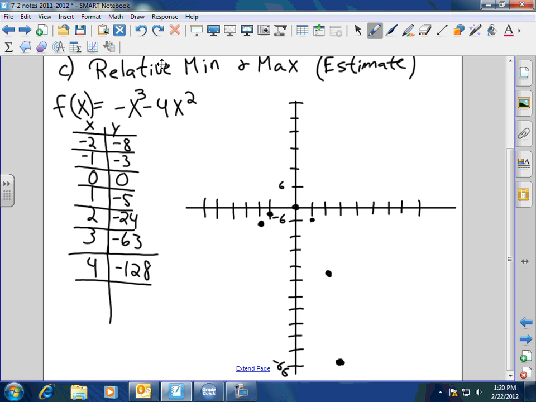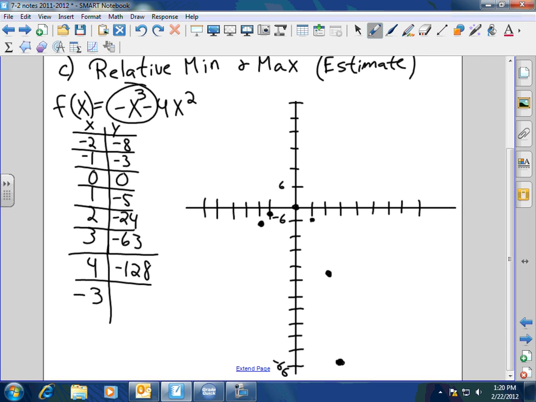Because remember, what's the end behavior here? Up and down. So we have the down part. We need the up part. So let's try negative 3. What would it be if it's negative 3? Negative 27 minus 36.